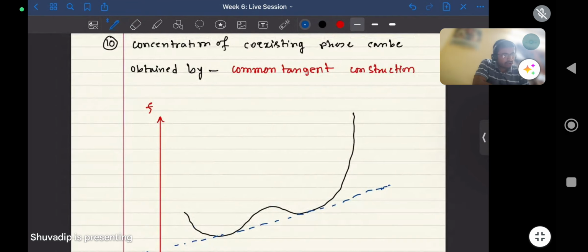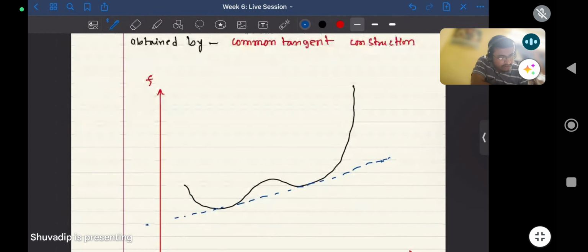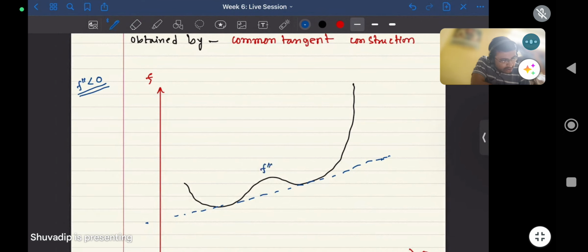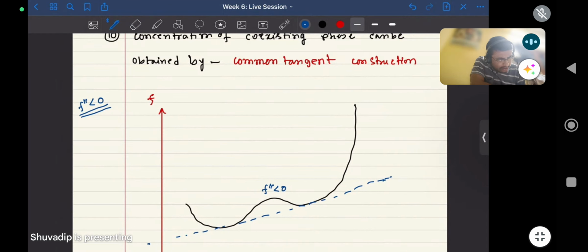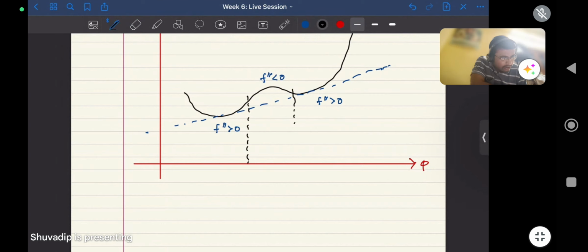So what is the meaning of this? We have already discussed that for phase separation it is absolutely necessary that f double prime is less than 0. We have some region here where f double prime is less than 0, and on the outer sides f double prime is greater than 0. In between, these lines are the lines for the inflection points.